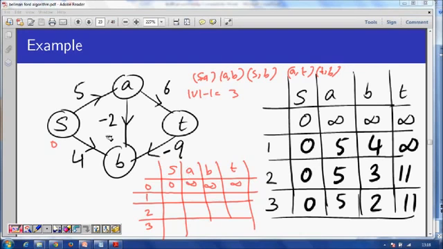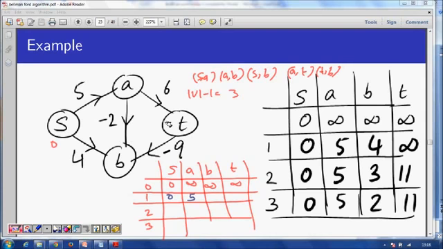Now we fill the values. I start from S to A and update. D of A is infinity, so I make it equal to d of S, 0, plus 5.